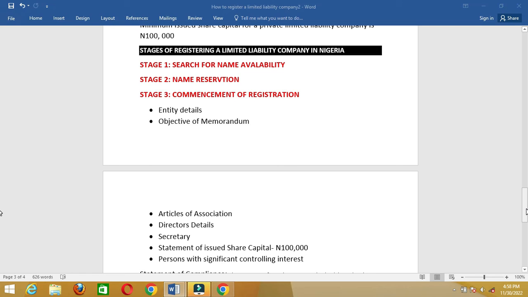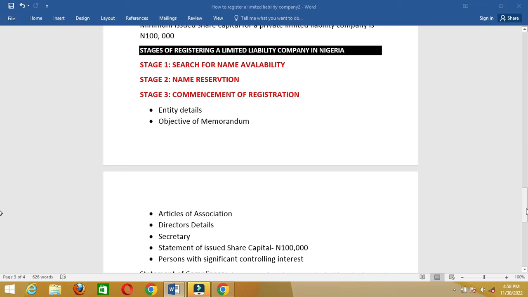Gone are the days whereby before you can register a private limited liability company, you need to go to a CAC office within your locality to apply manually. And usually, because of how tedious the whole process may be, most people prefer contracting chartered accountants or legal practitioners to assist them in the registration process.